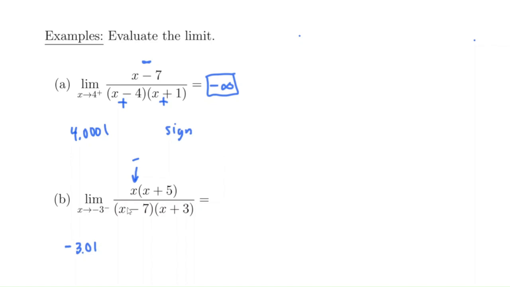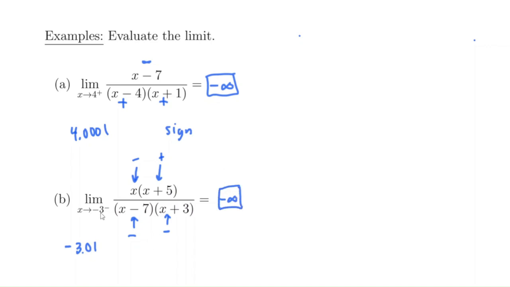If you plug it in here and add 5 to it, that's going to be positive. Right here, negative minus more negative is going to be even more negative. And negative 3.01 plus 3 would be like negative 0.01, so this would be negative. Notice we have 1, 2, 3 negatives, an odd number of negatives. So our final answer should be negative infinity.